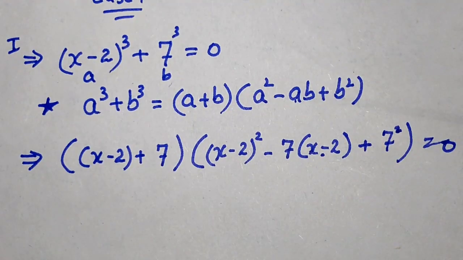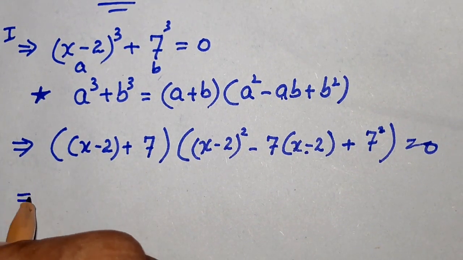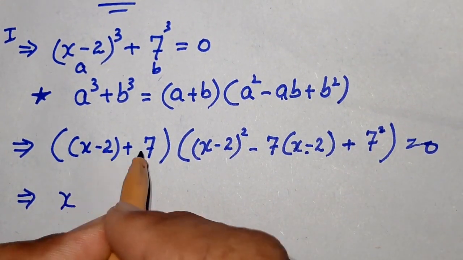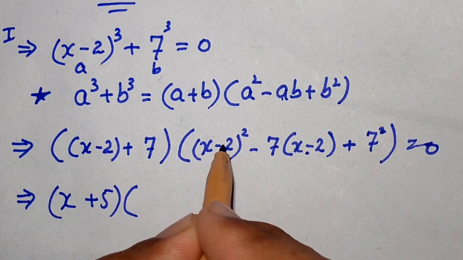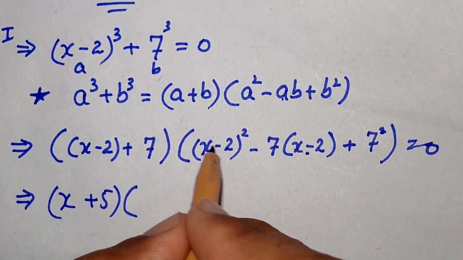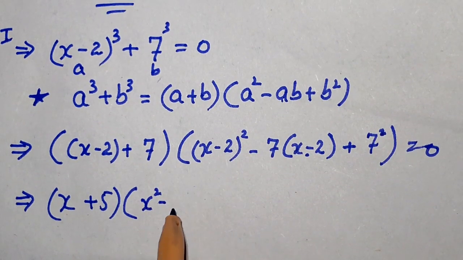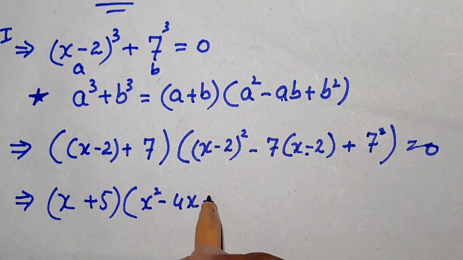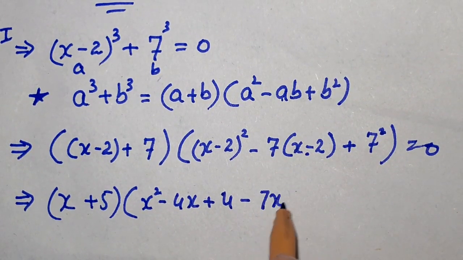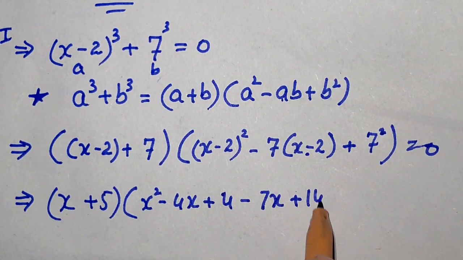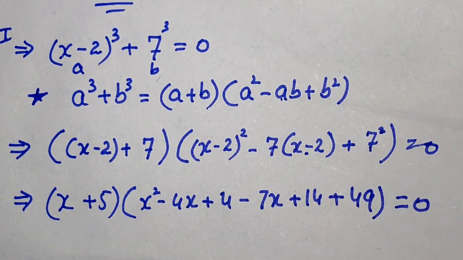Now in the next step, x − 2 + 7 is equal to x + 5, times the expansion of (x − 2)². This is in the form of (a − b)², so this will become x² − 4x + 4, minus 7 times (x − 2), which is −7x plus 14, plus 7 times 7 is equal to 49, and this is equal to 0.